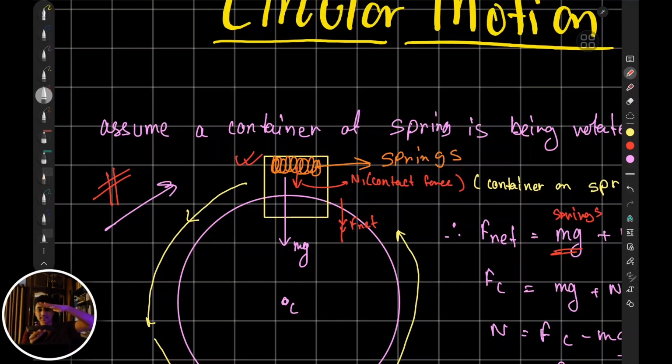So let's say you're taking this calculator and it is stuck at the bottom of my hand. That means that there's a contact force on the calculator downwards. Right? So on the spring, there's going to be a reaction force which is going to be downwards. Fair enough.